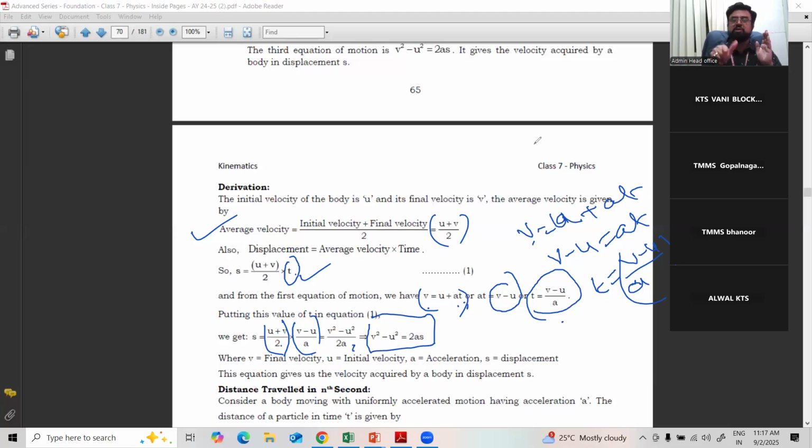In place of time, we substituted (v minus u) by a. Then you can use the formula (a plus b) into (a minus b) is equal to a square minus b square. So (u plus v) into (v minus u) gives v square minus u square is equal to 2as. That is the third equation of motion. Clear?